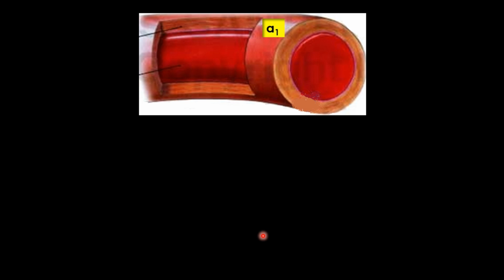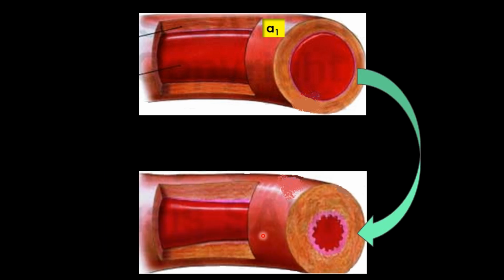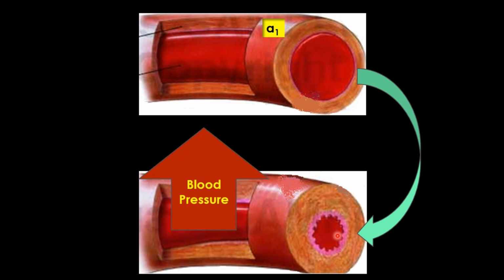And when this alpha 1 receptor is activated, phospholipase C is activated, the mobility of calcium is increased, and the resultant effect is vasoconstriction. It causes vasoconstriction because calcium causes contraction of the smooth muscles of the blood vessels, and because of this vasoconstriction, it increases the blood pressure. That is the resultant pharmacological effect of activation of the alpha 1 receptors.